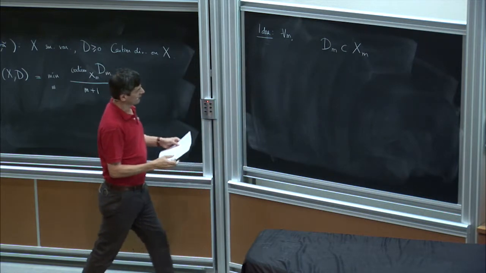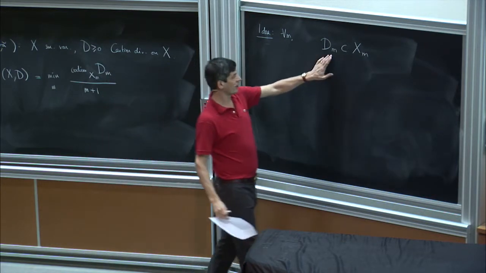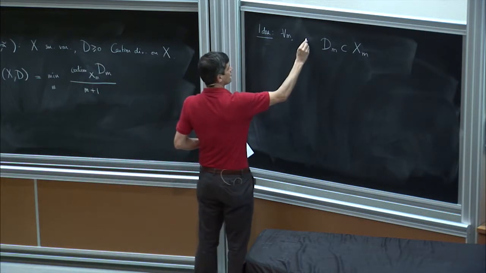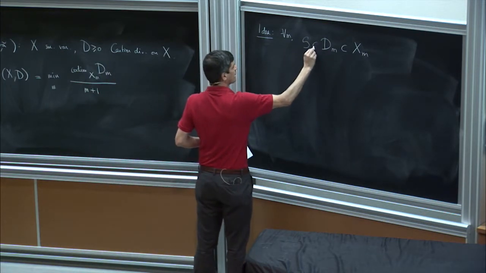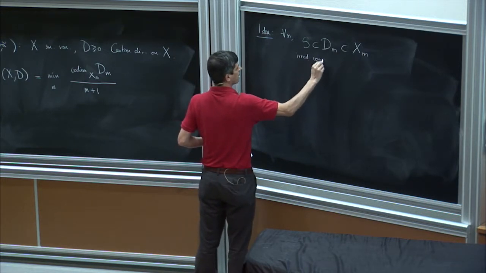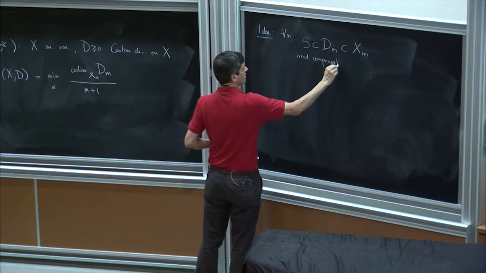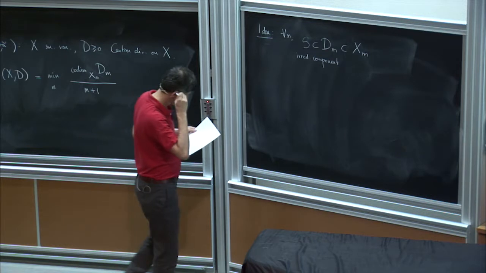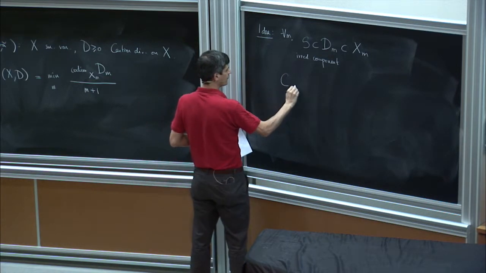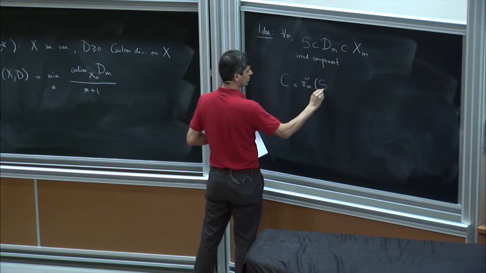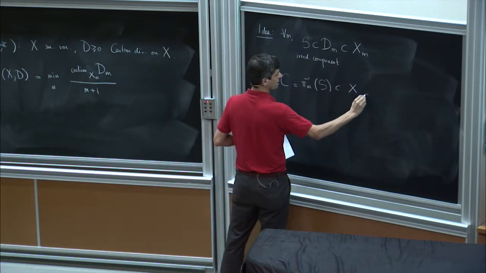These are the m-jets of X, and then the ones that lie fully inside D. Suppose you look at S inside here to be an irreducible component of this set. And then I'm going to take C to be the cylinder over this component, so this sits inside X_∞.